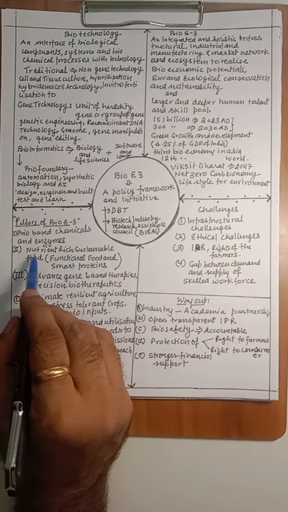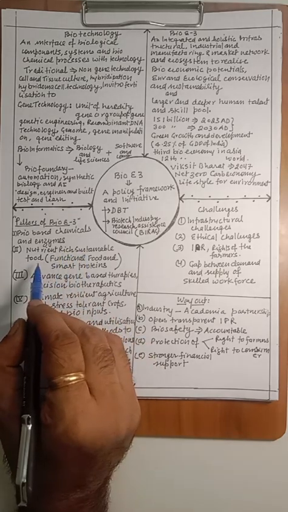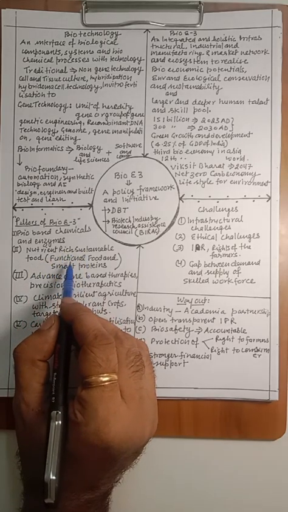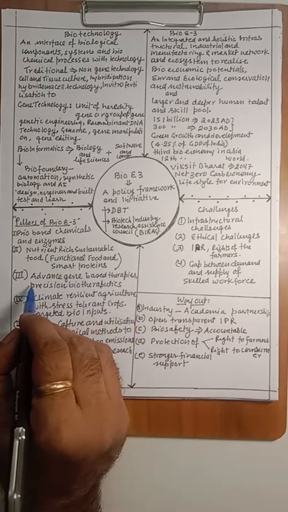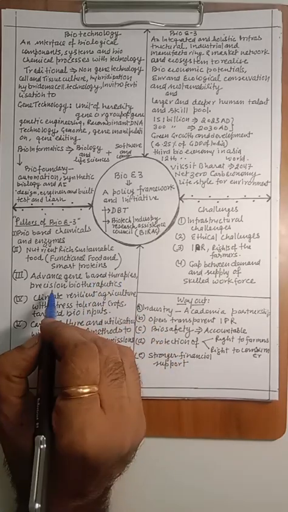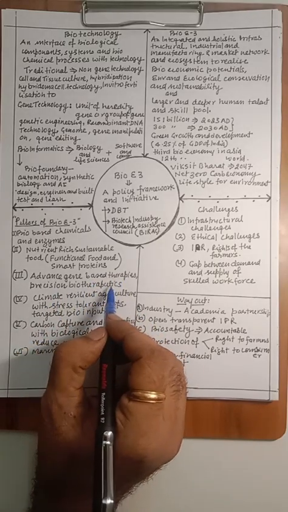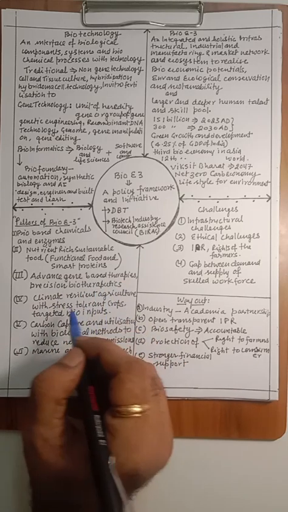Second pillar is concentrating on nutrient-rich sustainable food, which is also described as functional food and smart proteins. Third pillar is advanced gene-based therapies, precision biotherapeutics with the help of genomics.